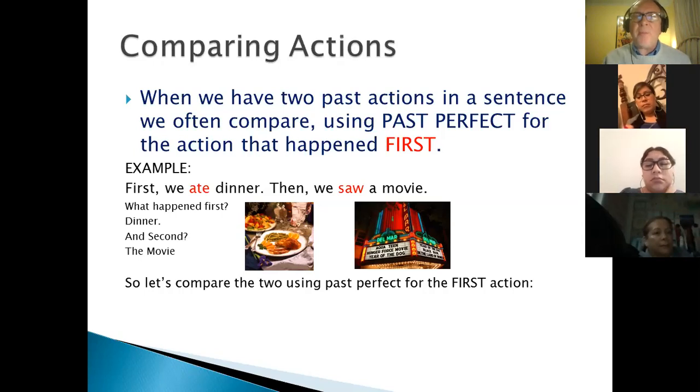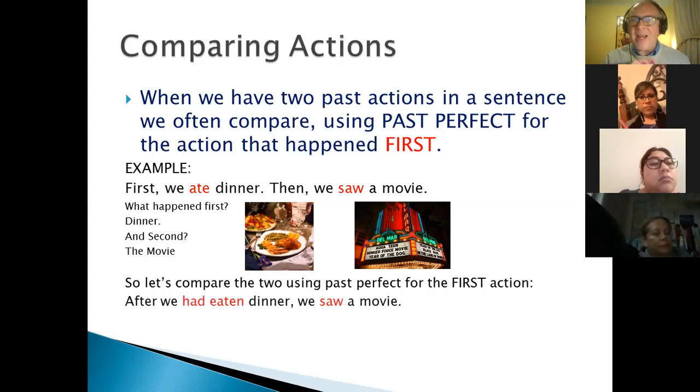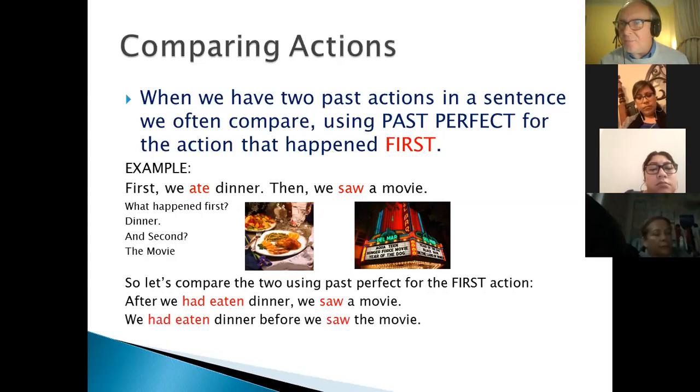So which one should be past perfect? The dinner or the movie? The dinner should be past perfect. Why? Because the dinner happened first. So after we had eaten dinner, we saw a movie. Or we had eaten dinner before we saw the movie.